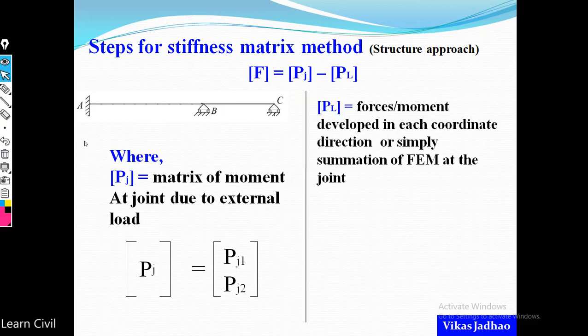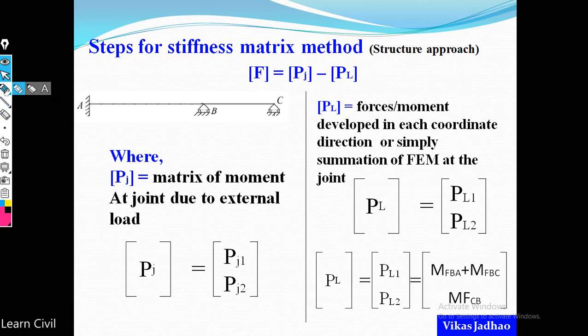Whereas the PL matrix is the matrix of moment developed in each coordinate direction, or simply summation of fixed end moment at that particular joint. So the size of PL matrix will again be dk by 1. This is coordinate number 1, this is coordinate number 2. Therefore PL1 will be summation of fixed end moment of all the members meeting at coordinate number 1. Here at coordinate number 1 we have two members, that is BA and BC.